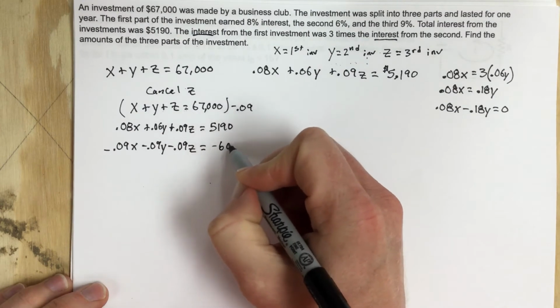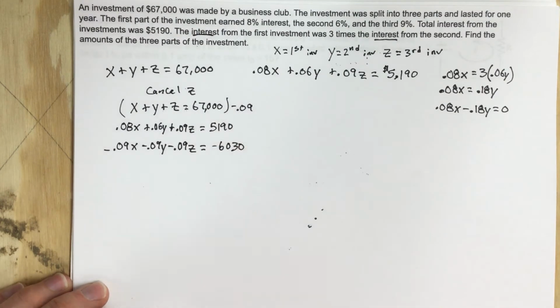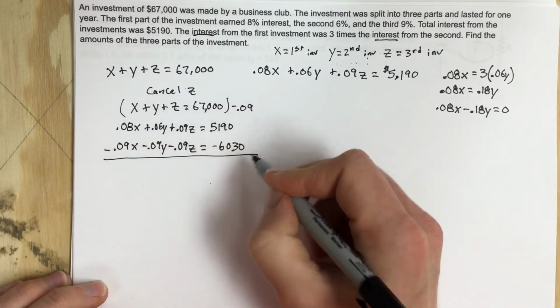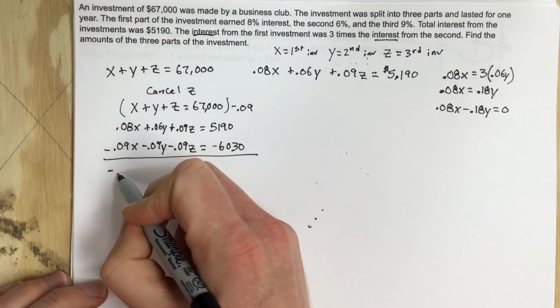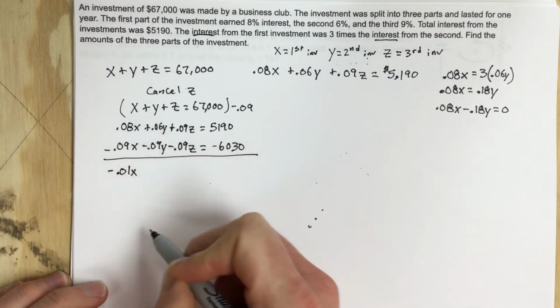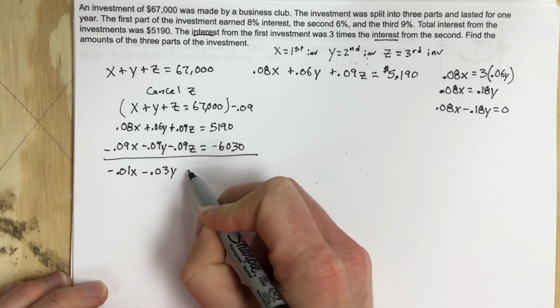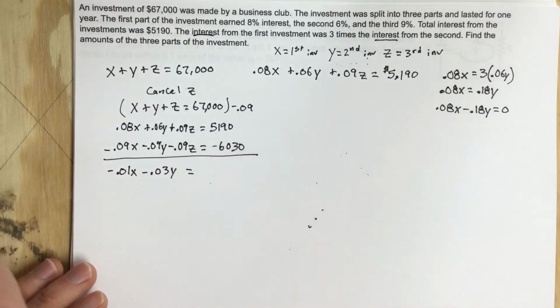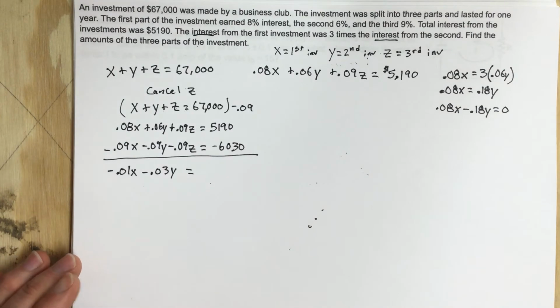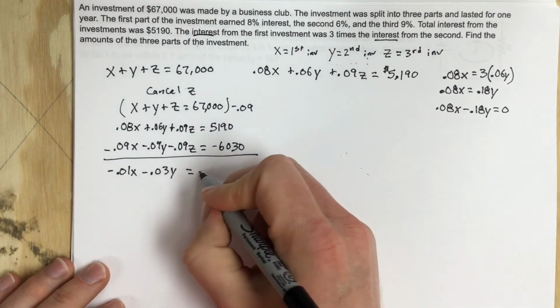Negative 6,030. When we add those together, we get negative 0.01x minus 0.03y equals negative 840.